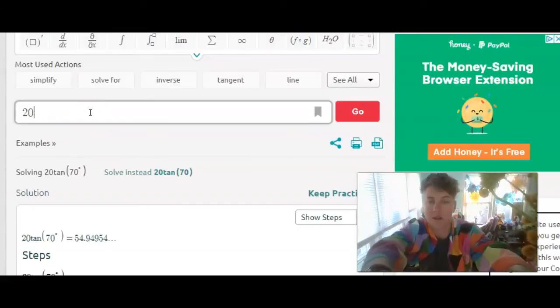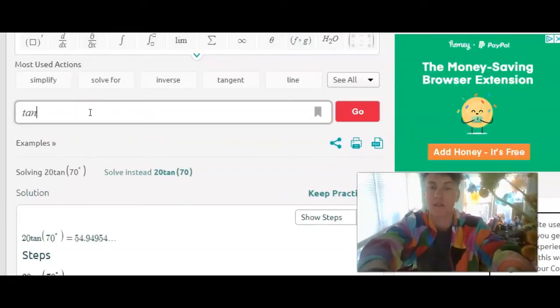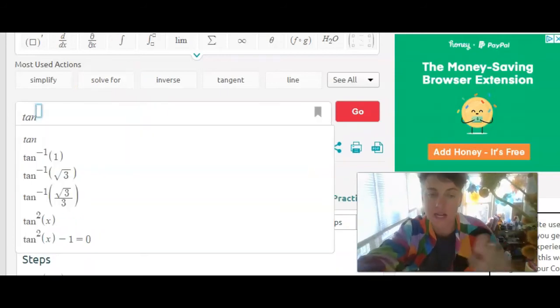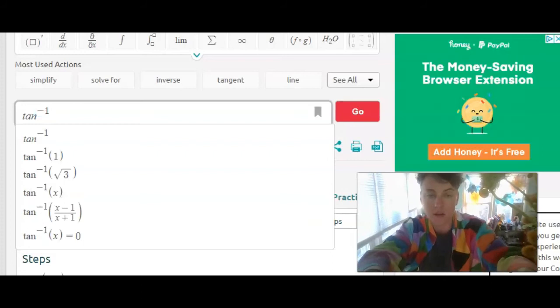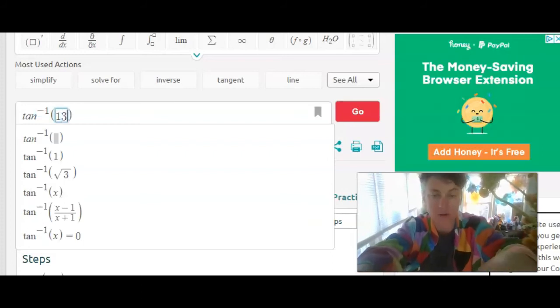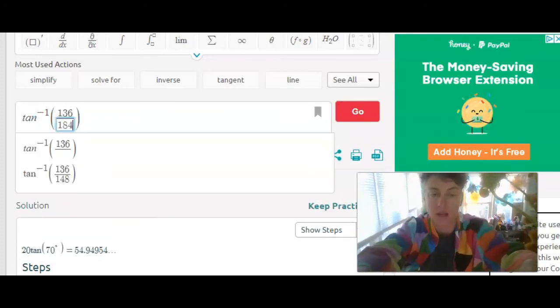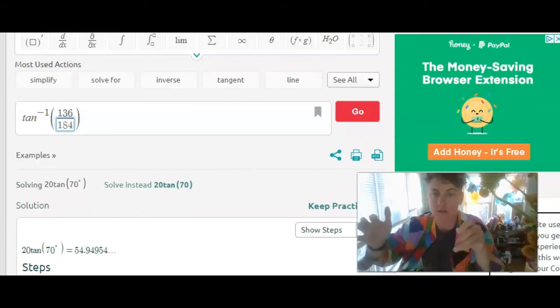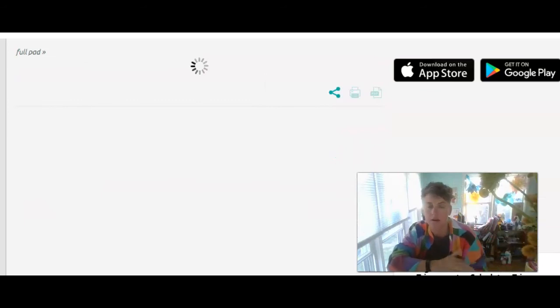Alright, we wanted the inverse tangent. Tan to the negative 1 of 136 divided by 184. Too many parentheses. That looks better. Loading, loading, loading.